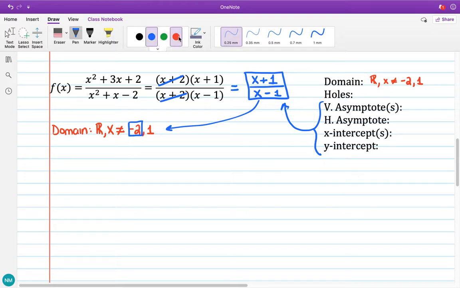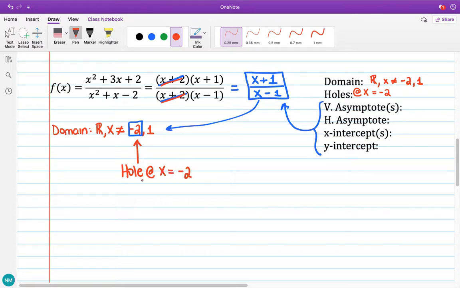Because what happens at x equals -2 is there is a hole. We're going to find what it is, but that's important here. So now here we have a hole because it was removed. It was a removable discontinuity. There's a hole at x equals -2.